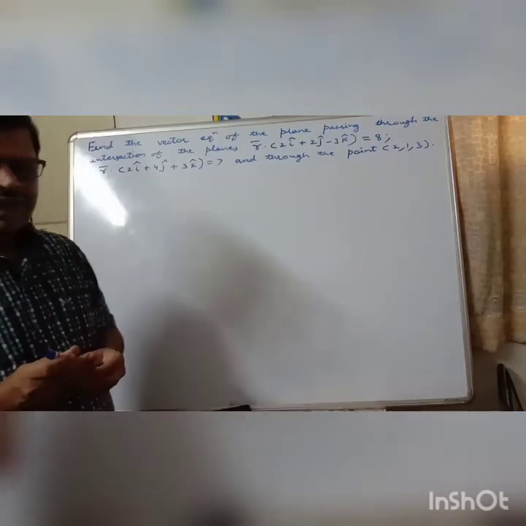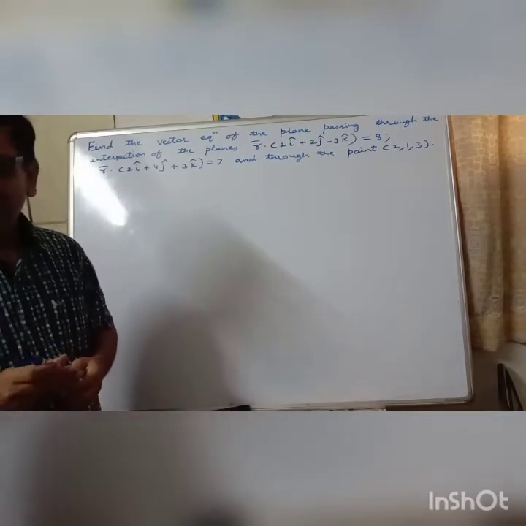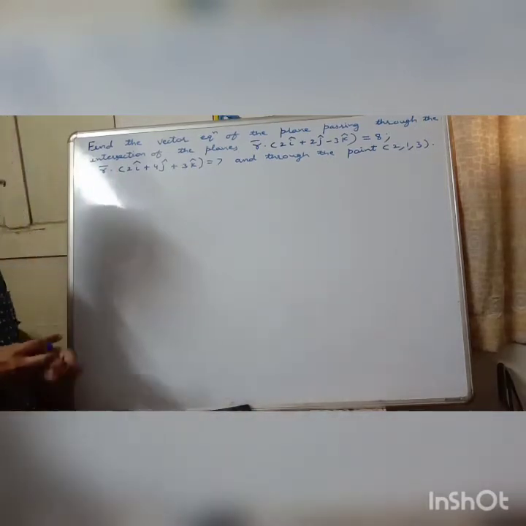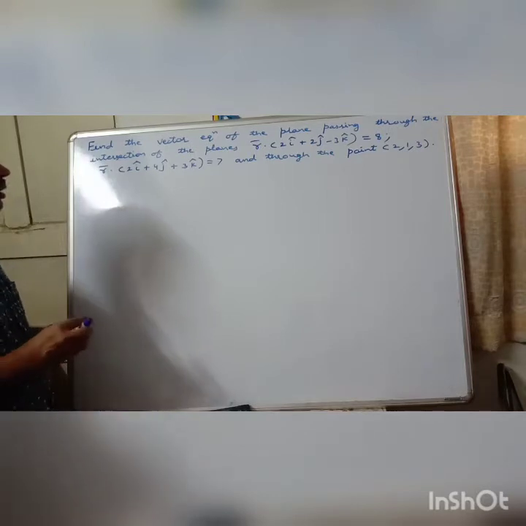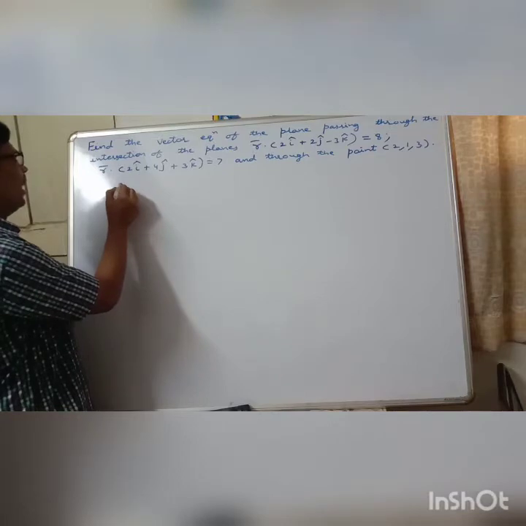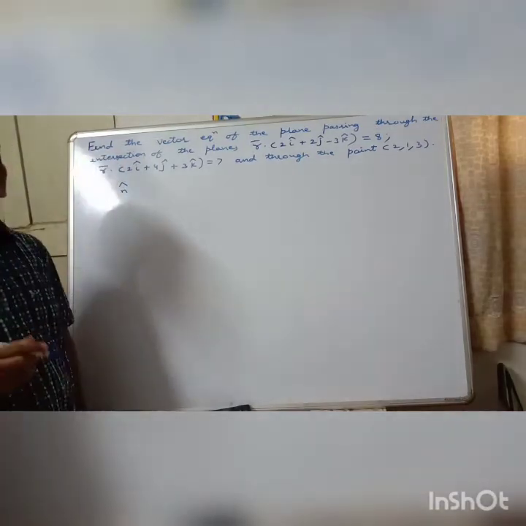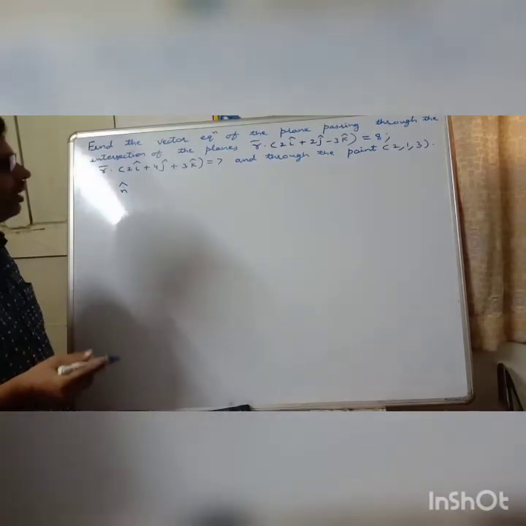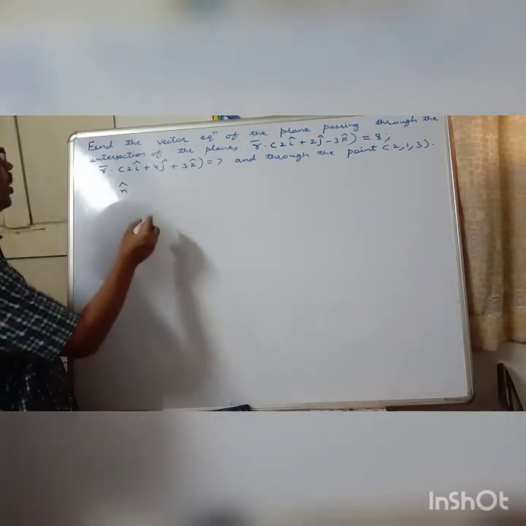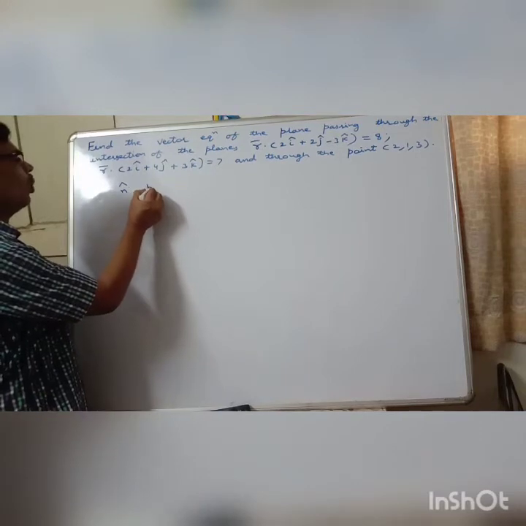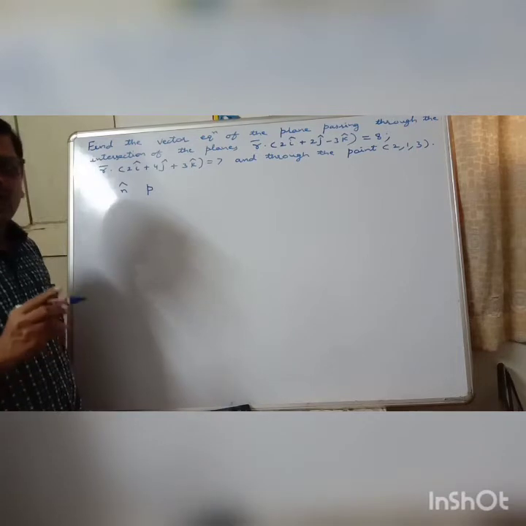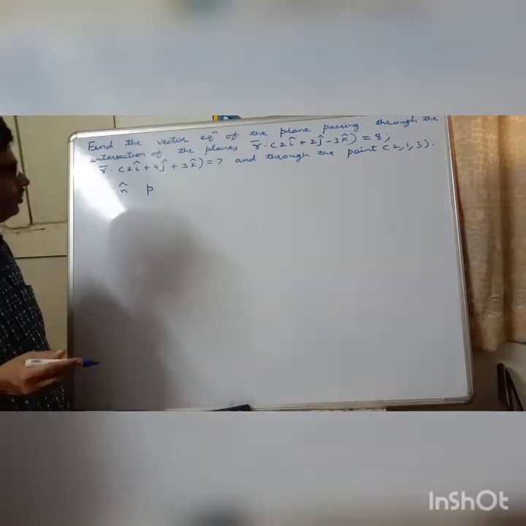Now, before starting with the example, let us revise some of the concepts which we have already studied. If we know the vector normal perpendicular to the plane and the perpendicular distance of plane from origin, then we can write equation of plane in vector form.